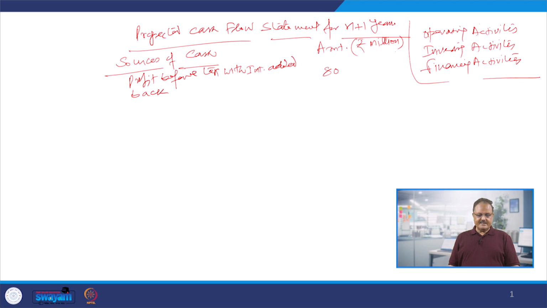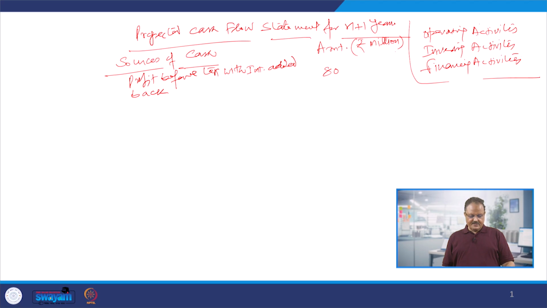So, we have subtracted the interest, but interest is not basically an operating expense, it is basically a financial expense. So, if we are preparing this cash flow statement under operating, investing and financing activities, that is one reason that to calculate the cash flow from operations, we would have added back the interest.